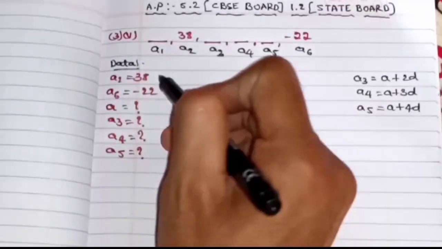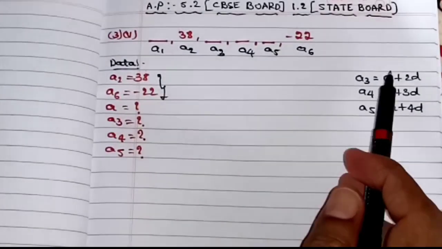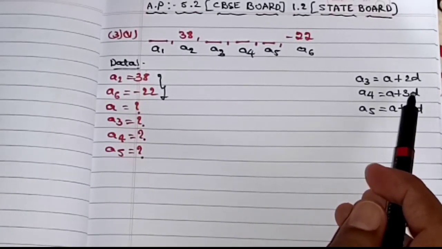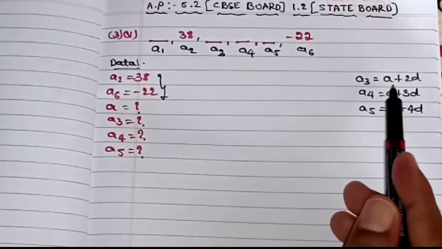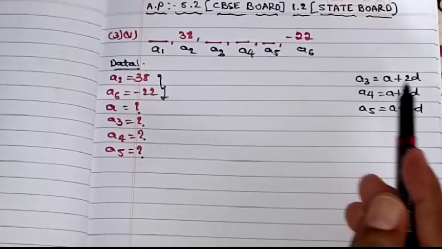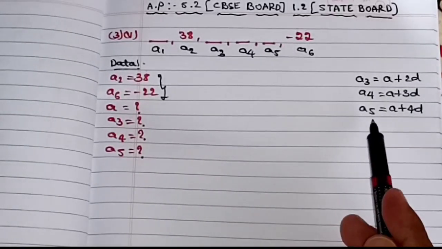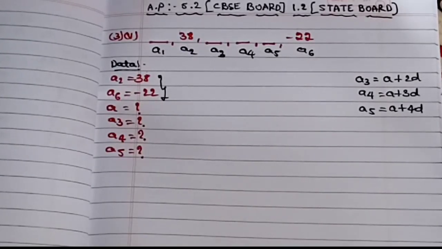By using these two given conditions, you can find the first term a and the common difference d. So if you find the value of a and d, then you can easily apply the values of a and d in this, and you can find the a third term, a fourth term, and also a fifth term. Okay, so that means we need to write down the condition.